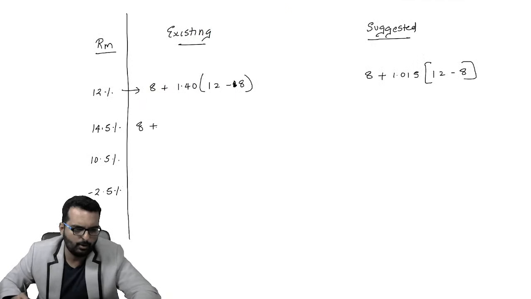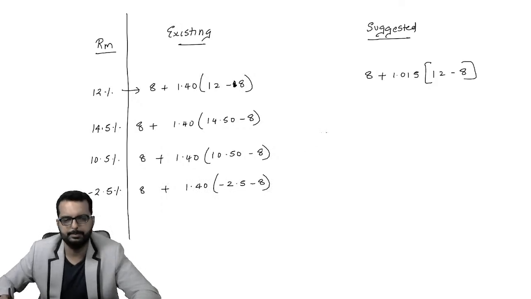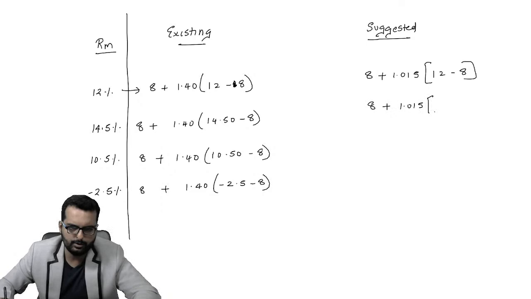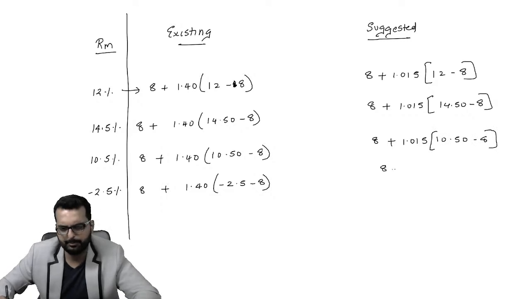So here the formula will be what? 8 plus 1.4 into 14.5 minus 8. 8 plus 1.4 into 10.5 minus 8. 8 plus 1.4 into minus 2.5 minus 8. Here, all the cases instead of 1.4, the beta will turn out to be how much? 1.015. Can you do this and find out the answers on your own? I'm not wasting my time doing this routine stuff.